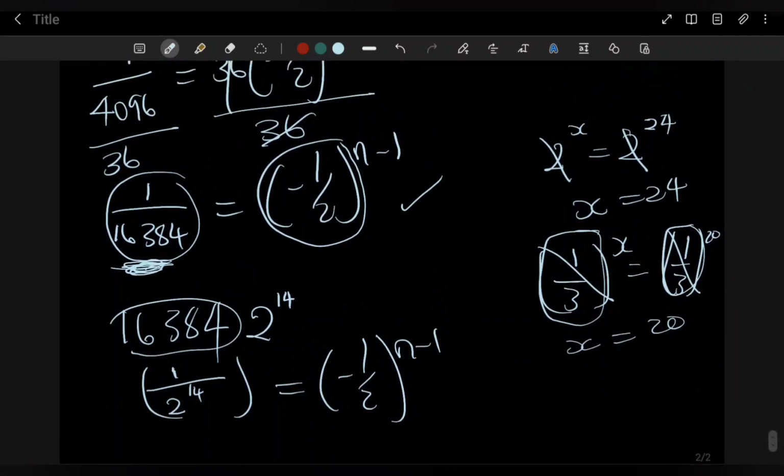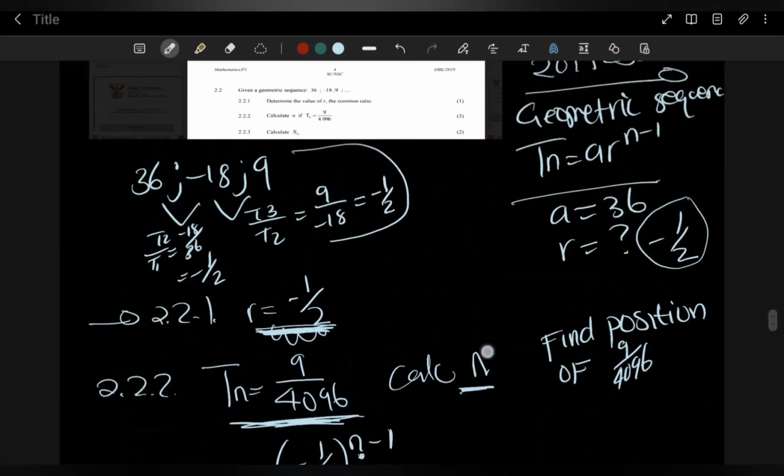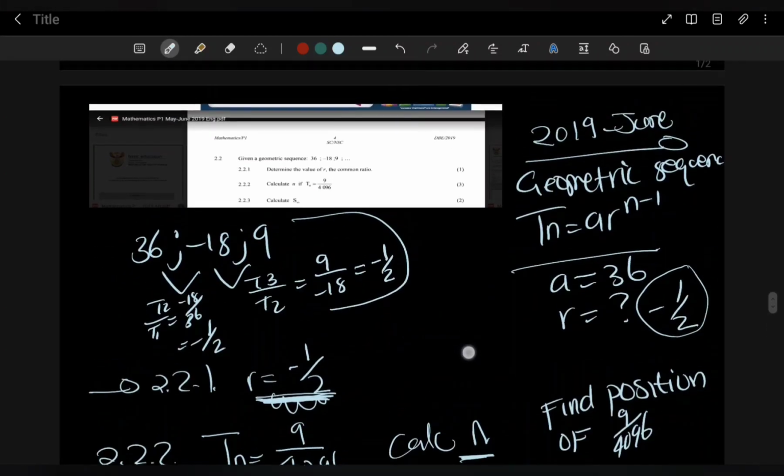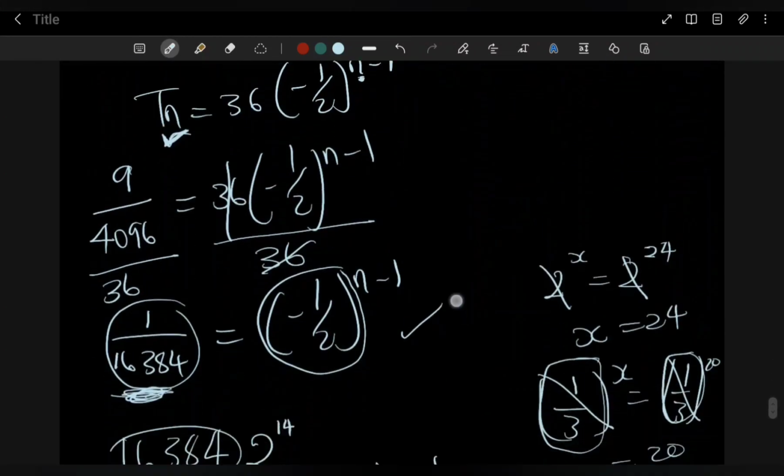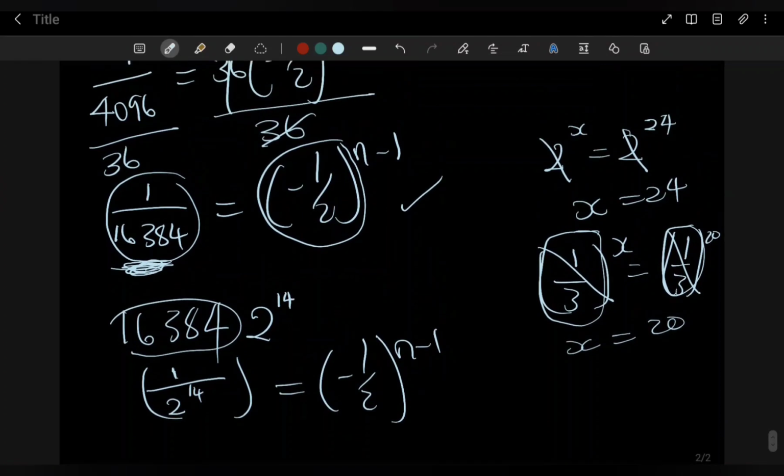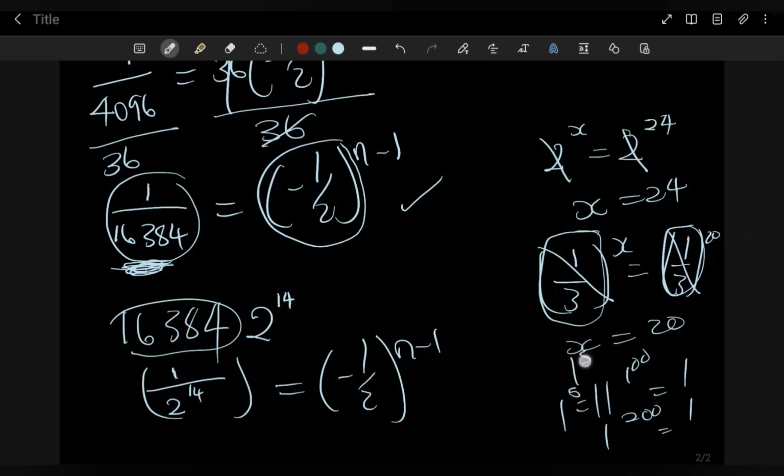And also, I just want to confirm something. Is that a negative? Okay, it's a positive. And also now what you can do is that since you know 1 to the power 100 is still 1, 1 to the power 200 is still 1, 1 to the power 5 is still 1, 1 to the power whatever.